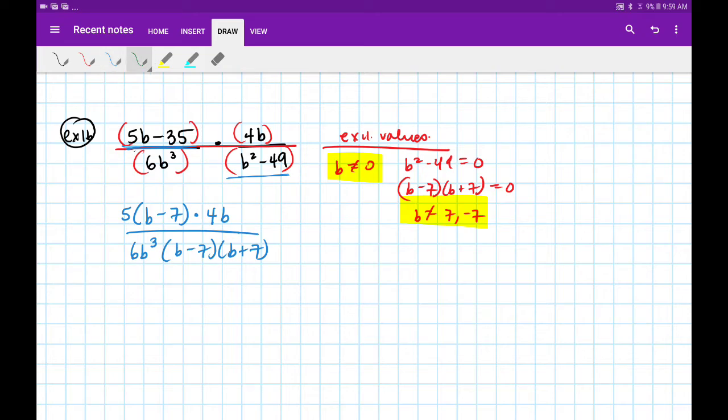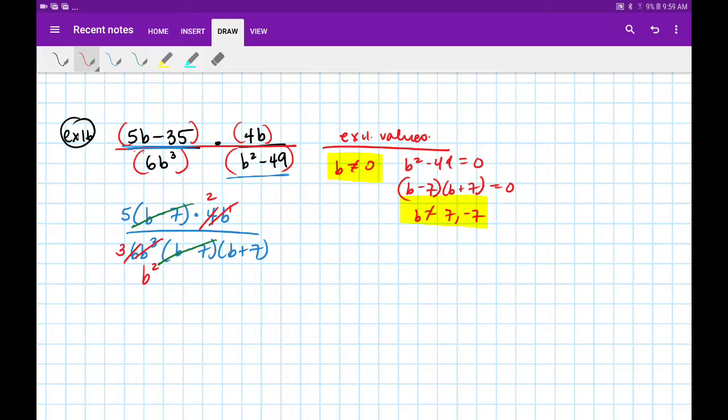And now I'm fully factored, so now we can start crossing things out. I have a b minus 7 up top. That cancels with my b minus 7 in the denominator. This 4 and the 6 both divide by 2, so that 4 becomes a 2. The 6 becomes a 3. And if I have 1b in the top, but 3, like b times b times b in the denominator, then I'm going to be left with just b squared down below.